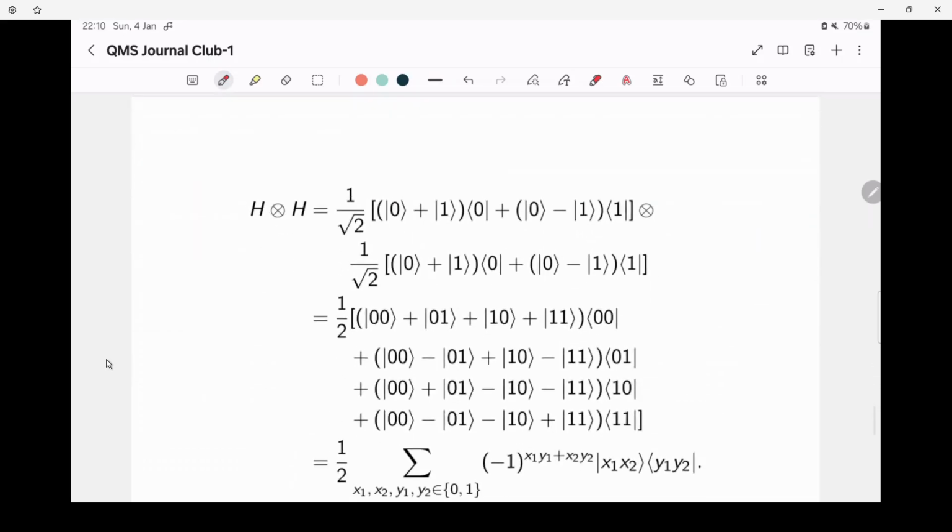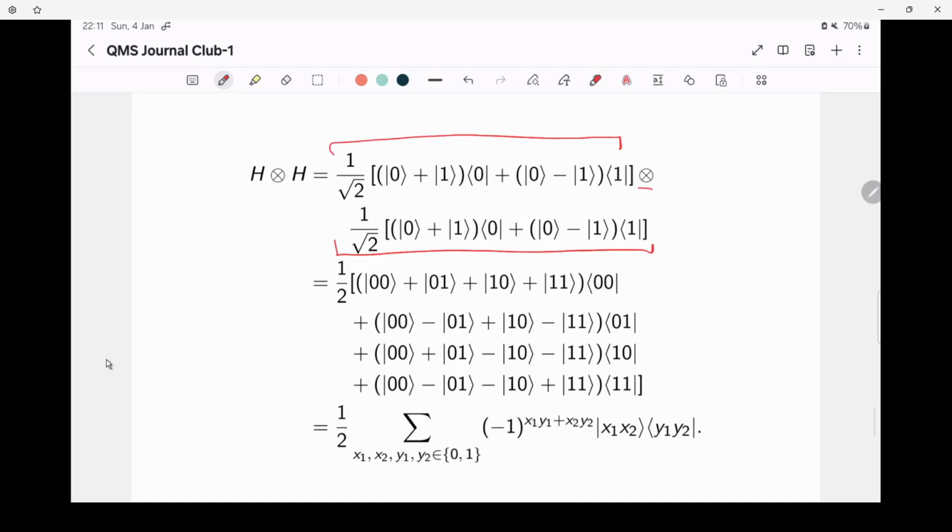The way for you to do it is first doing the tensor product. So this is the first H, this is the second H. And then you write down all the possible multiplications out. So now you see that you have this half term, which I write down. The way for you to write this summation is by looking at the terms inside.